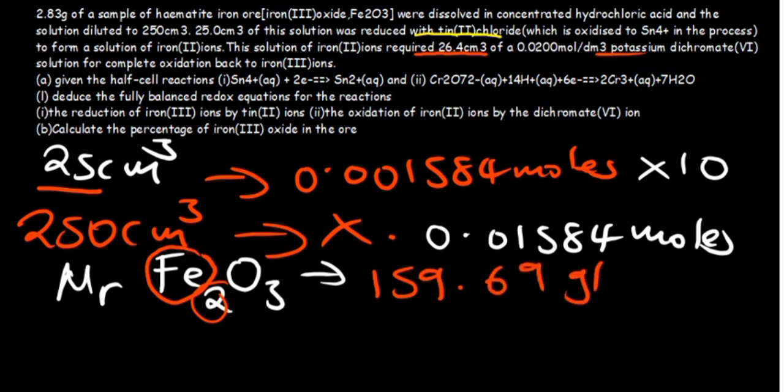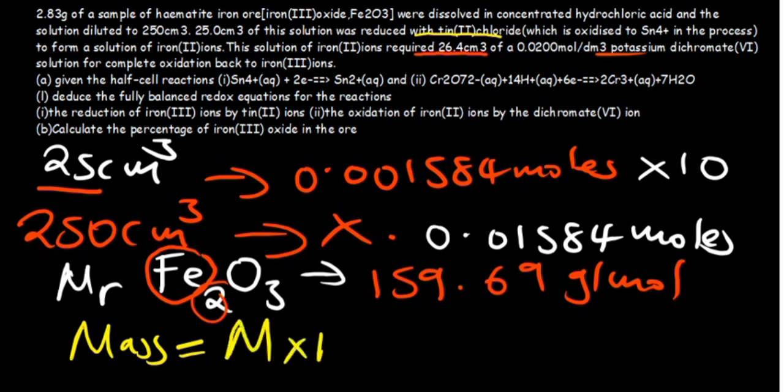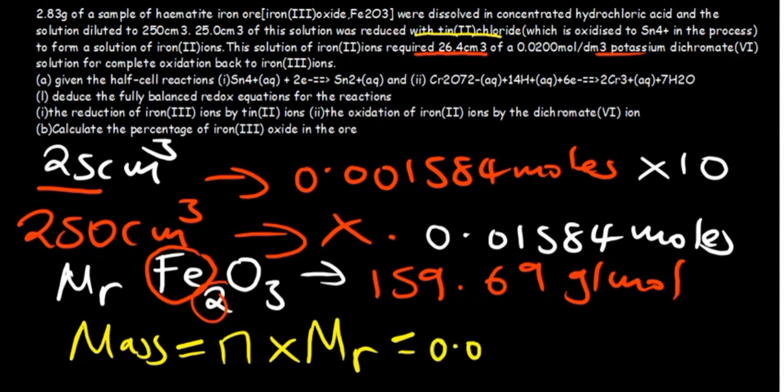We understand that mass is given as a product of the number of moles by the molar mass. For the number of moles, we have 0.01584. Then for the molar mass, we have 159.69.